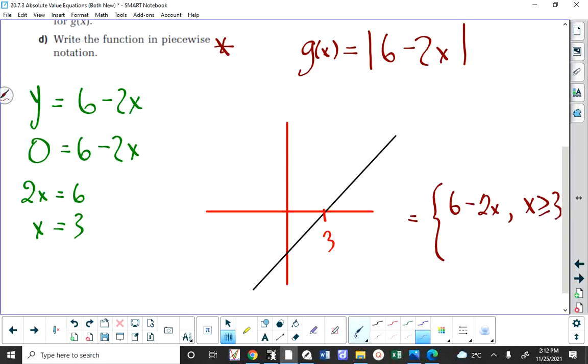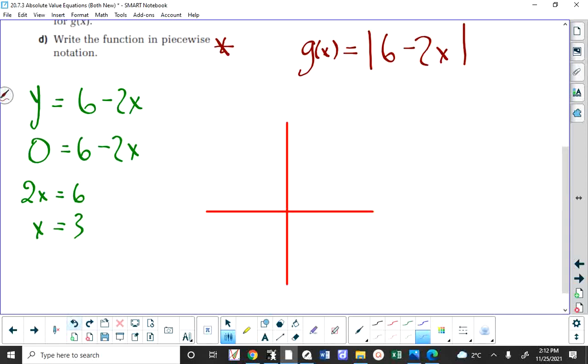I'm not saying that's correct. I'm saying if the graph looks like this, then when x is greater than or equal to 3, we don't need the absolute value signs because it's already above, right? Or the graph looks like this, right?